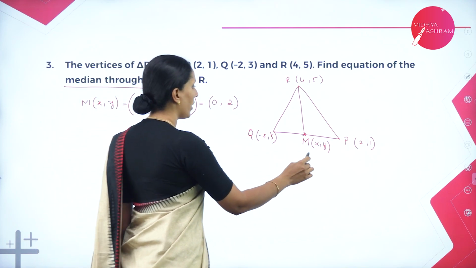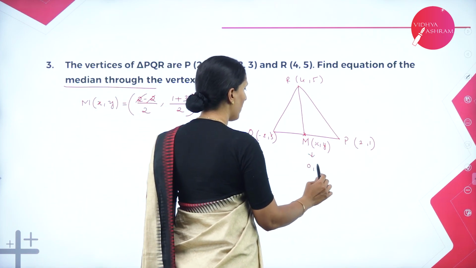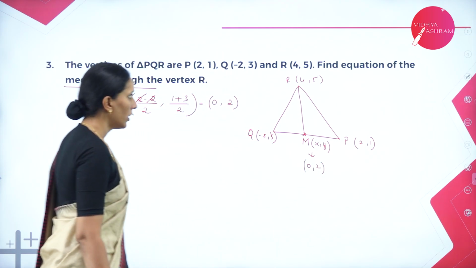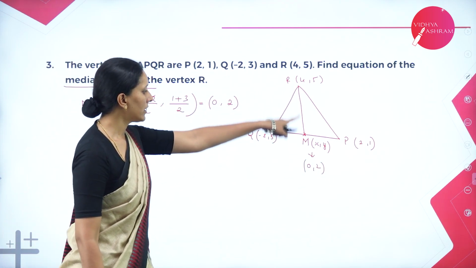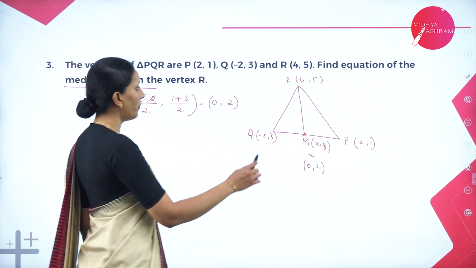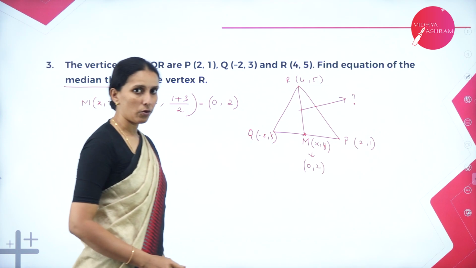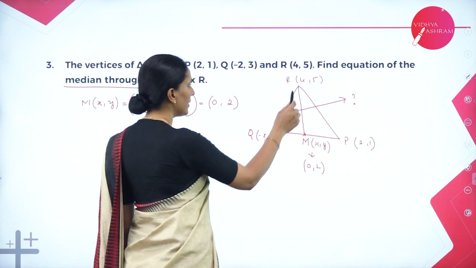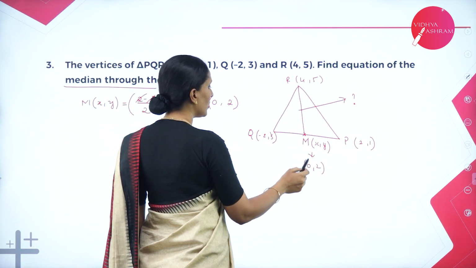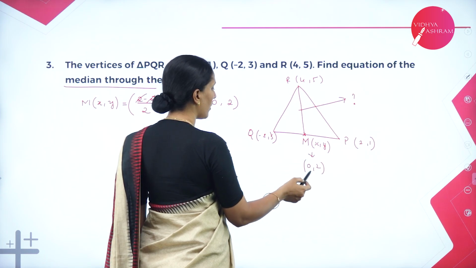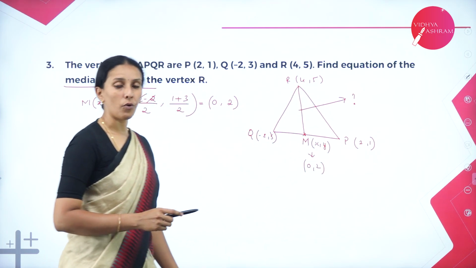Therefore this point is (0, 2). Now I know the point is (0, 2), and I need to find the equation of this line. Now you can clearly see this median is passing through 2 points. One point is (0, 2) and the other point is (4, 5).